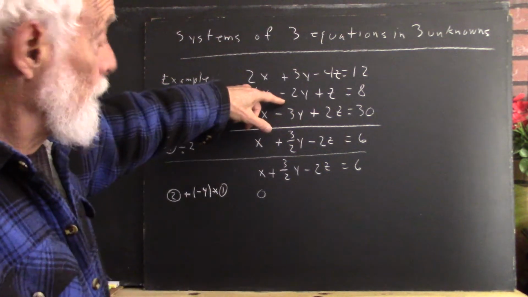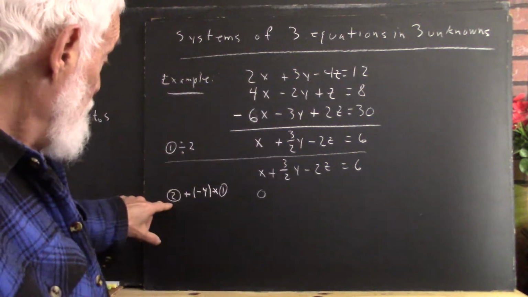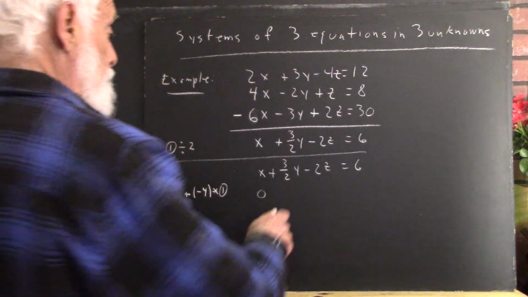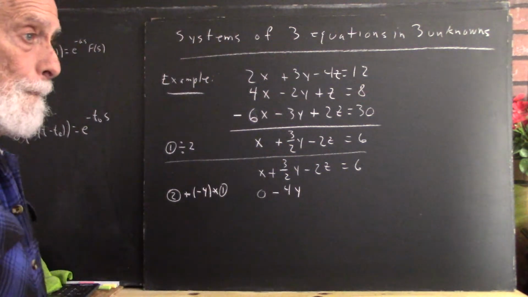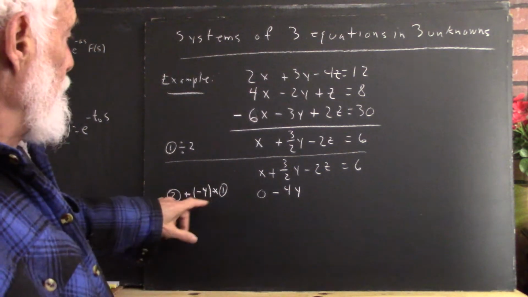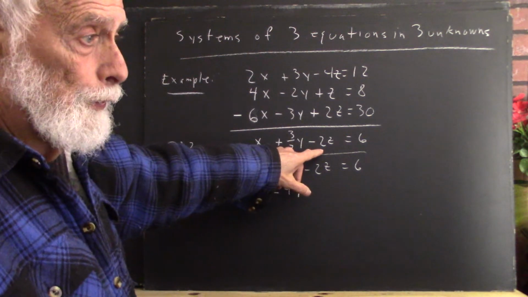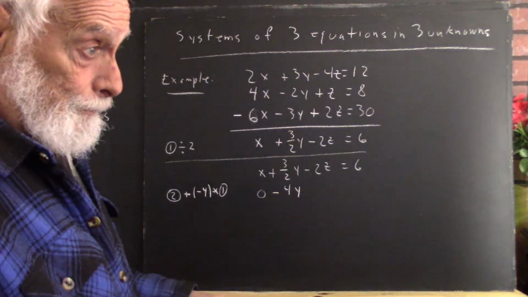I add negative 2y to negative 2y in equation 2 and I get negative 4y. Negative 4 multiplied by negative 2z is negative 8z.